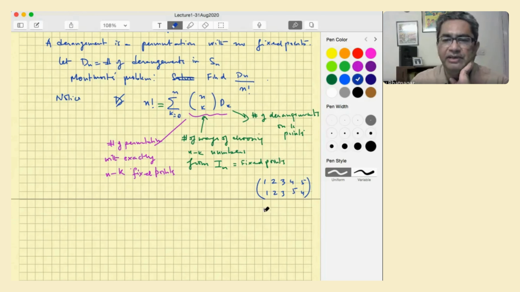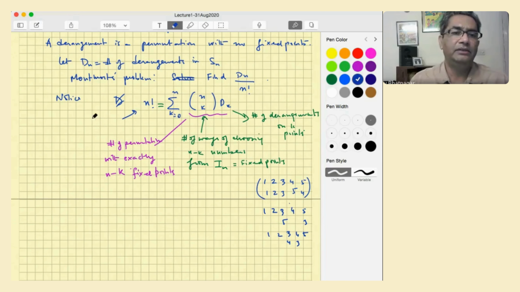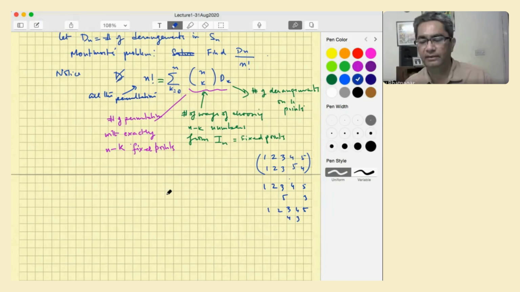So I can choose 1 to 4, and then I can mess around with 5 and 3, or I can choose 1 to 5 and then 4 goes to 3 and so on. So this will give me all the permutations with exactly 2 fixed points, and I sum over this, and this gives me all the permutations. So again, if this confuses you, you make a set such that whatever. Okay, is that clear? This is fine? Is that okay?